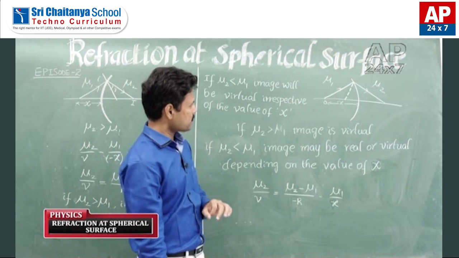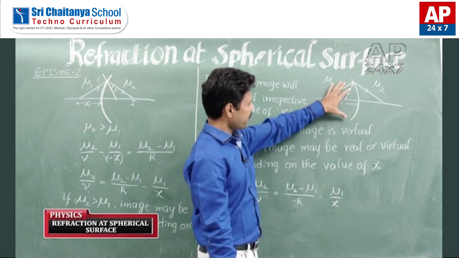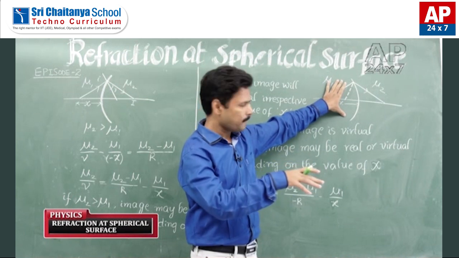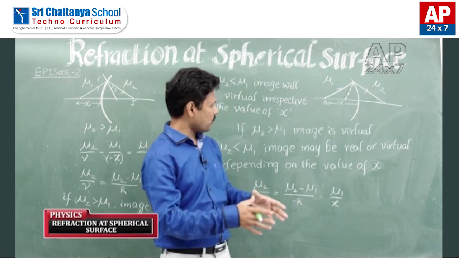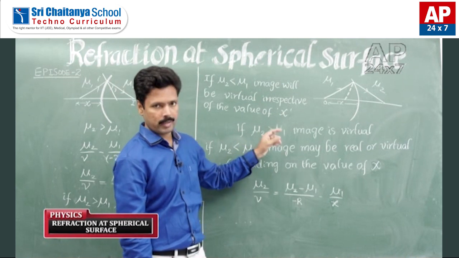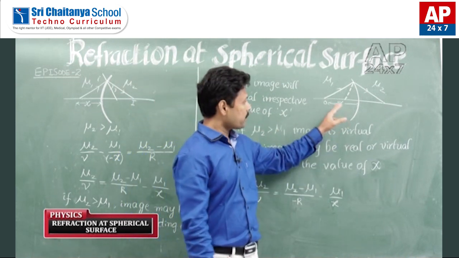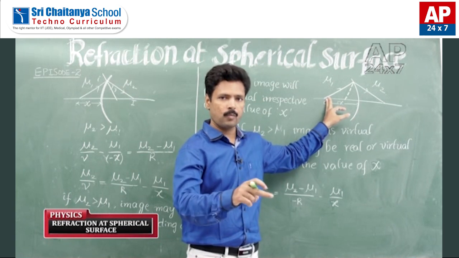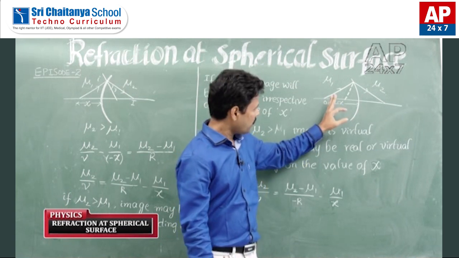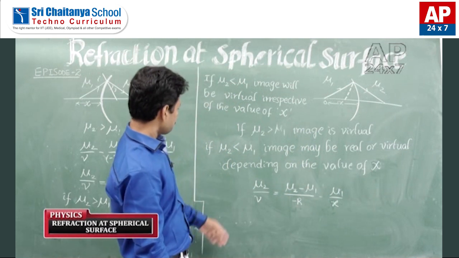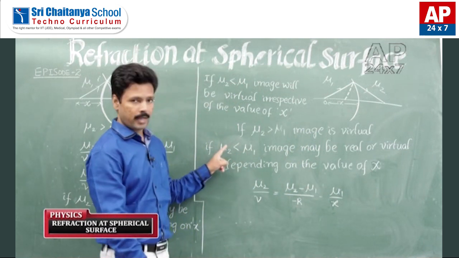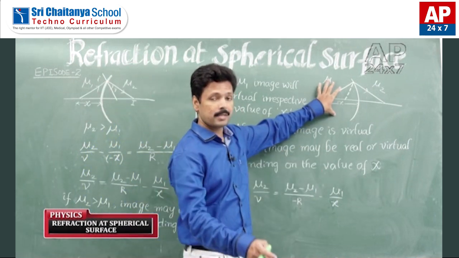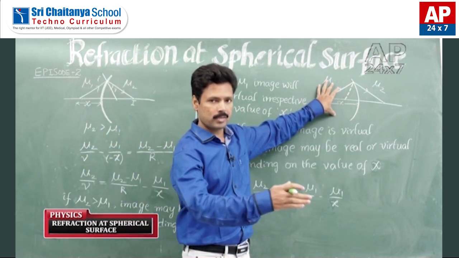Just see once again. When the object is on the concave side and in the rarer medium, because mu2 is greater than mu1, irrespective of the position of the object, the image is always virtual. Now let us take mu1 greater than mu2, that means the object is in the denser medium on the concave side.